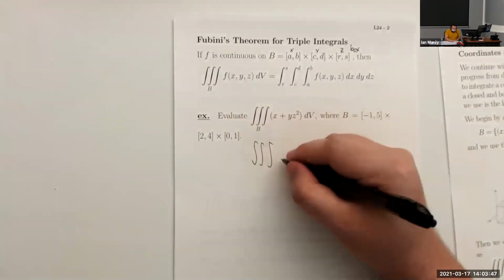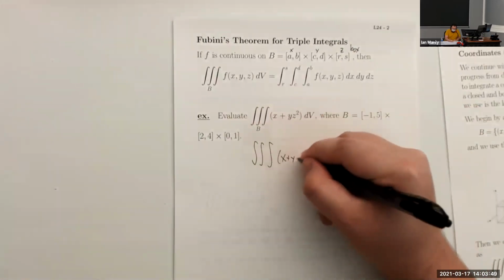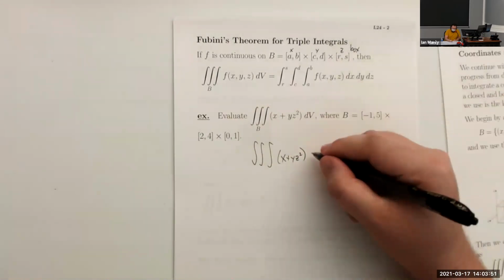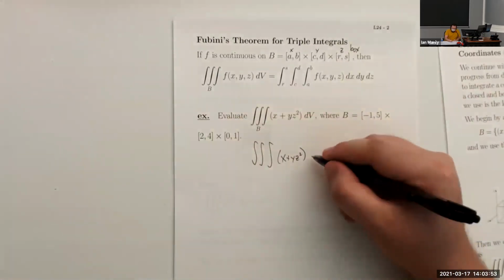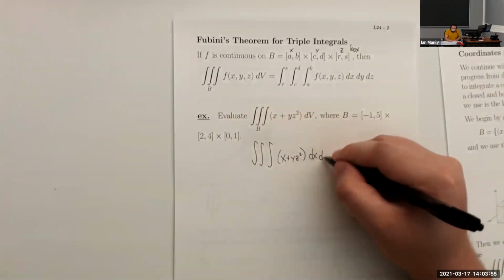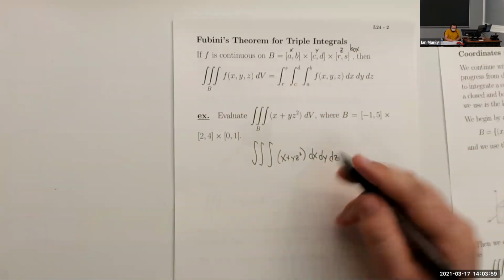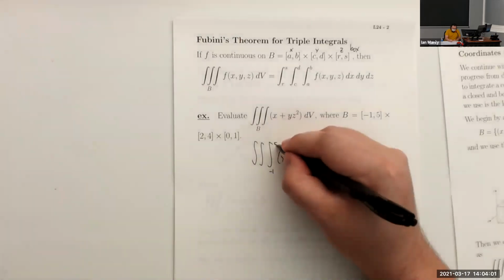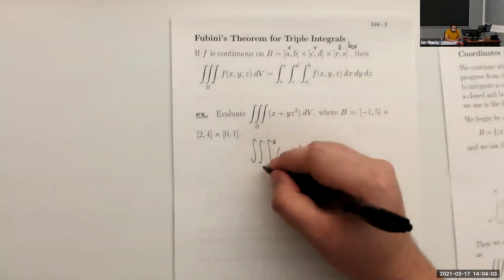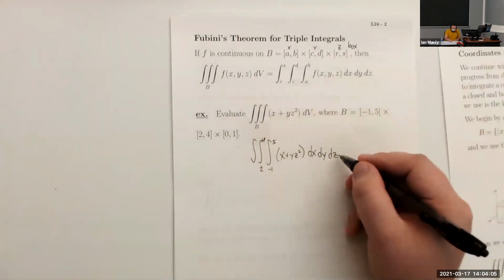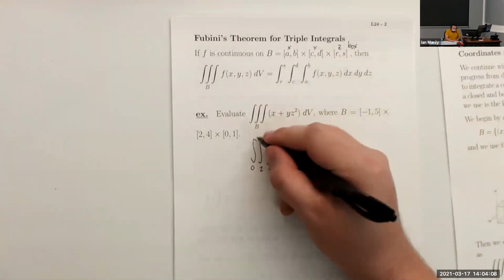So why don't we do this in alphabetical order here, although we could really do it in any order. We have dx, dy, and dz right here. So x goes from -1 to 5, y goes from 2 to 4, and z goes from 0 to 1.